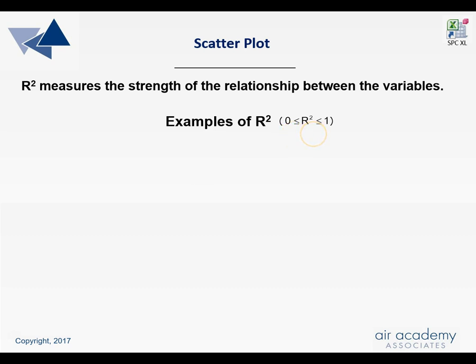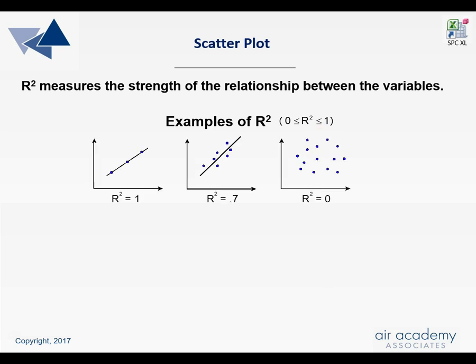I'd like to say a couple of things about it before we go to the software, and that is R-squared is a measure of the strength of the relationship between the variables. Let me give you three examples of R-squared. Any R-squared is going to be between 0 and 1 inclusively. R-squared of 1 means we've got a perfect fit. The line or the curve goes through all of the data points.